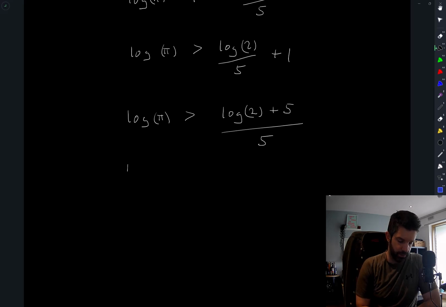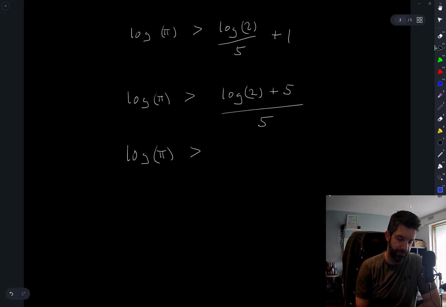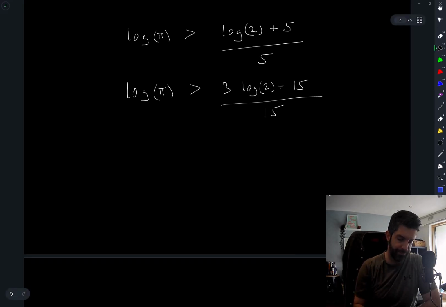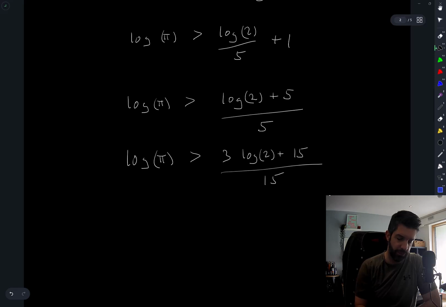Oh, okay, hold on. I'm using a little bit of the fact of what we're trying to prove here. I'm just going to multiply the right-hand side by 3 over 3. Yeah, okay. So I've just multiplied both the numerator and denominator by 3. That gives us the 15 in the denominator.